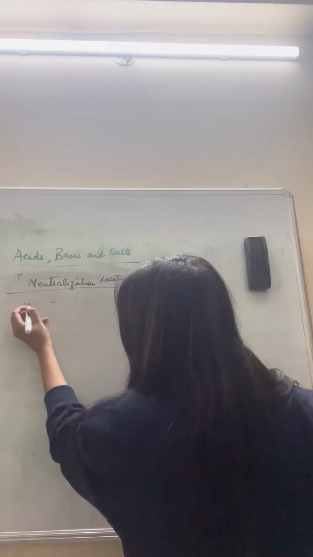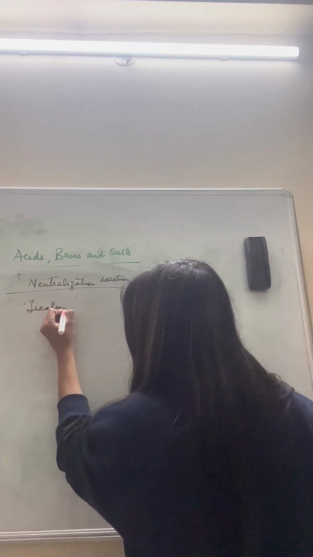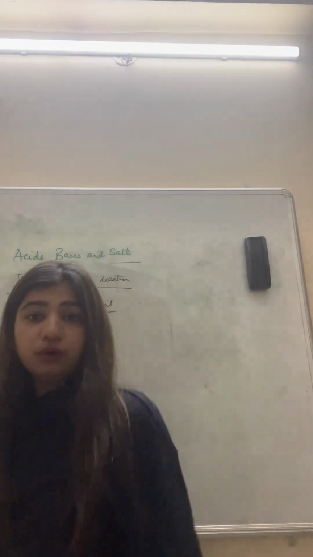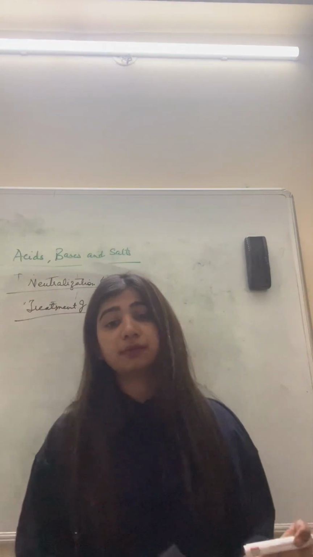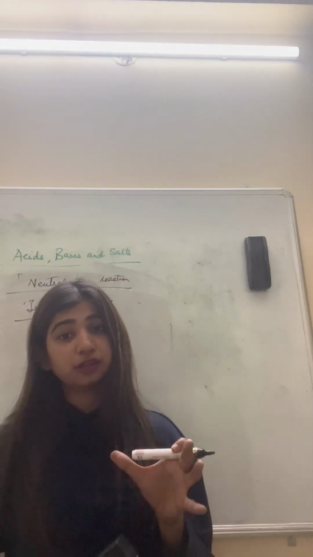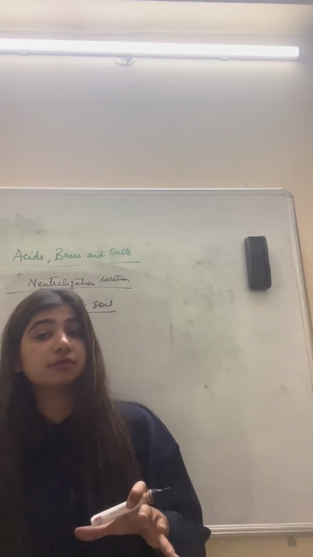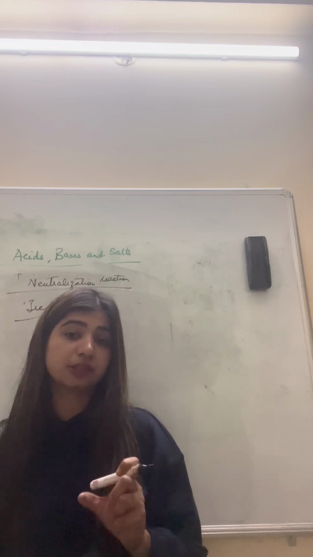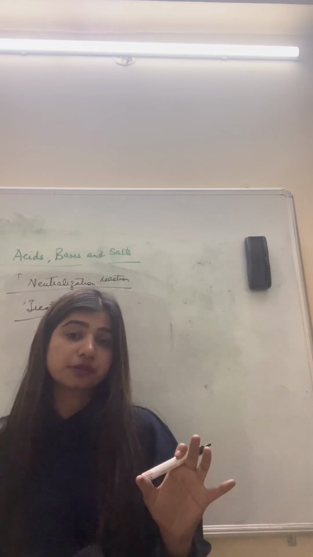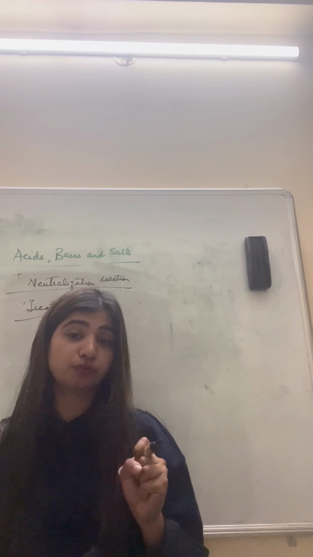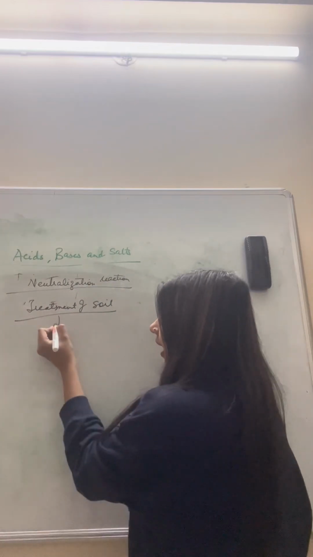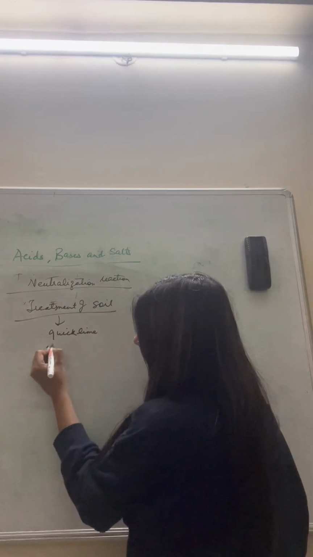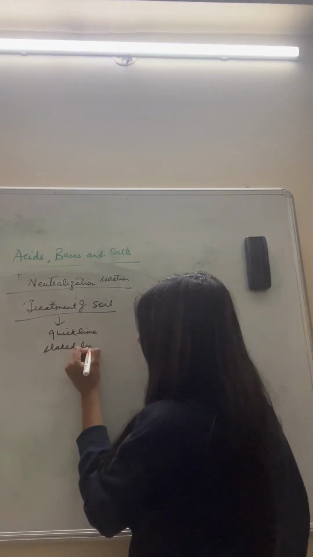Now treatment of soil. If any soil becomes too acidic, then the soil becomes unproductive. Its productivity reduces. So what will we do? We will add quicklime or slaked lime to our soil.